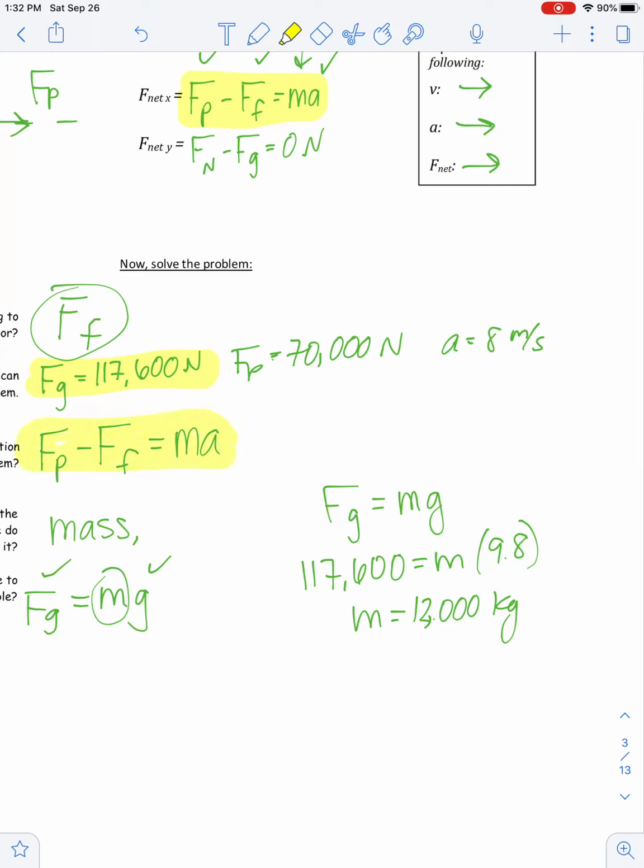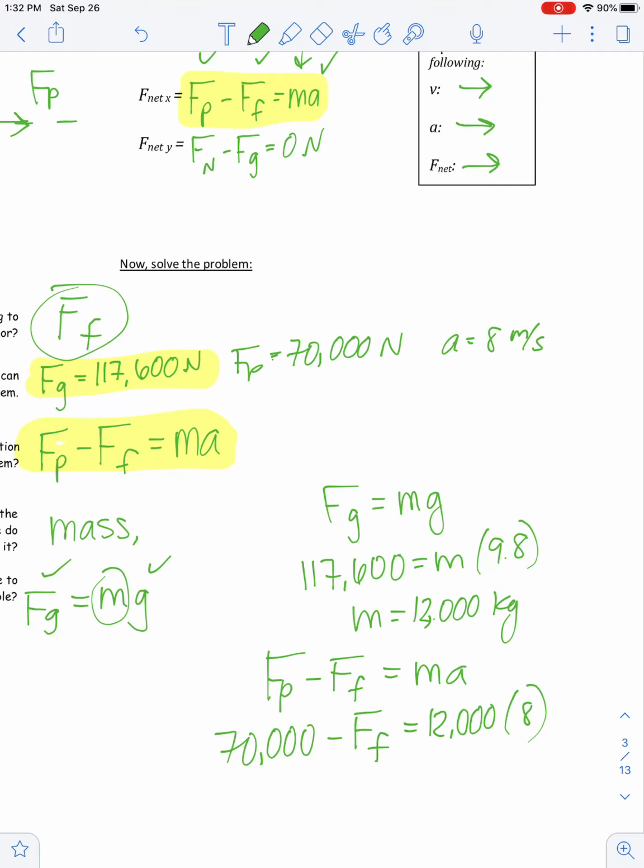So now I'm going to use this equation right here. So the push force to the right minus friction to the left is equal to MA. We know the push force is 70,000 newtons minus the force of friction is equal to 12,000 times 8. So 12,000 times 8, that's 96,000.